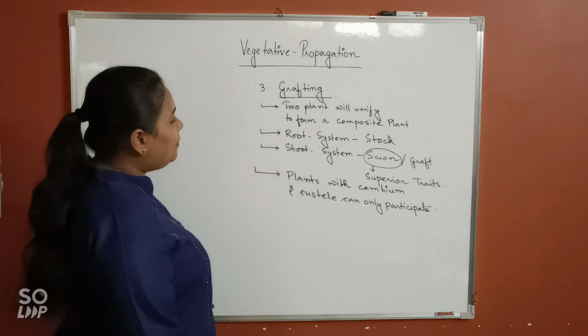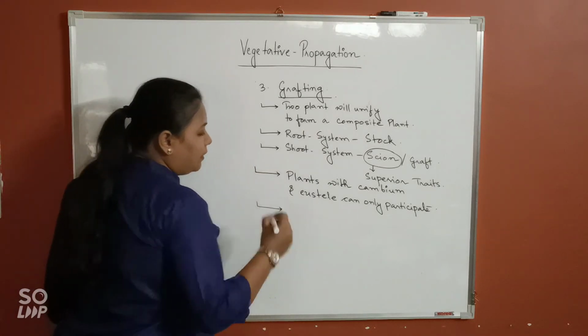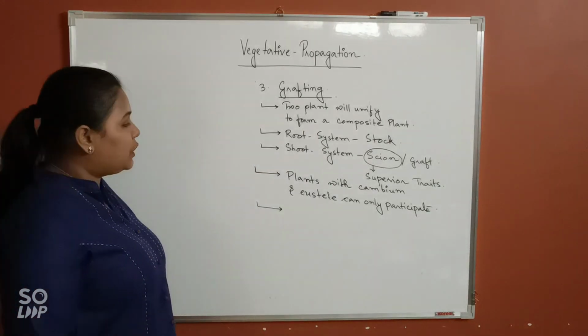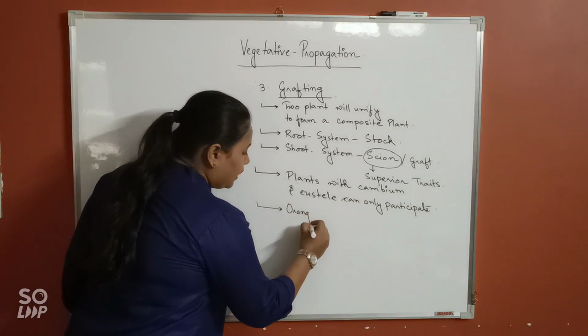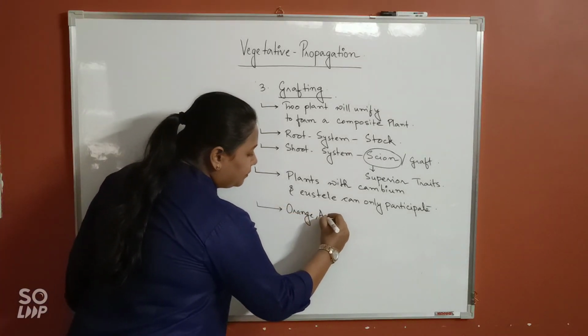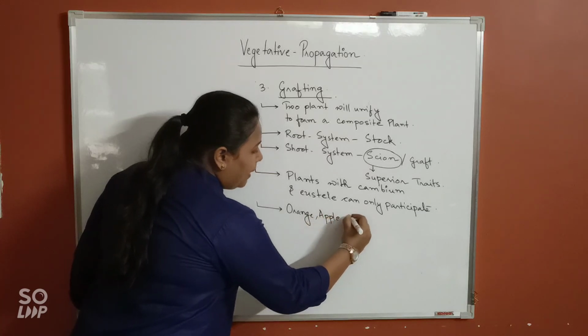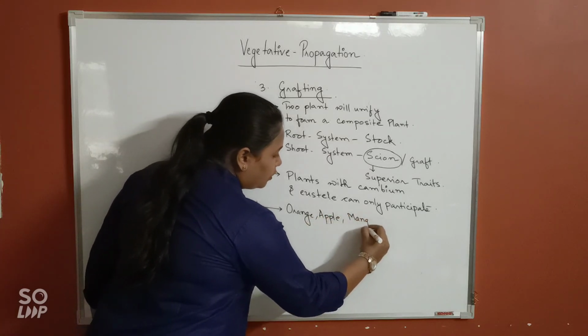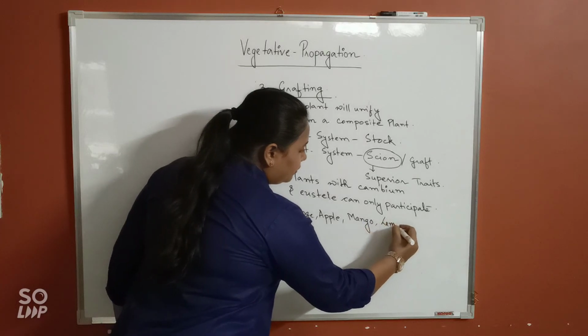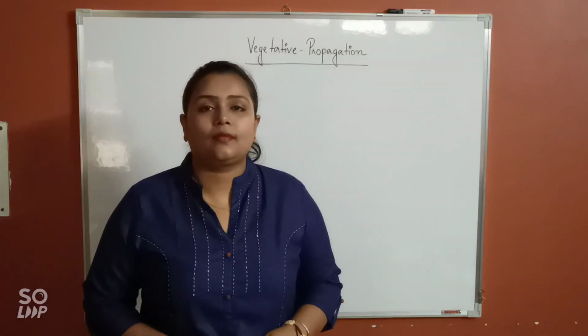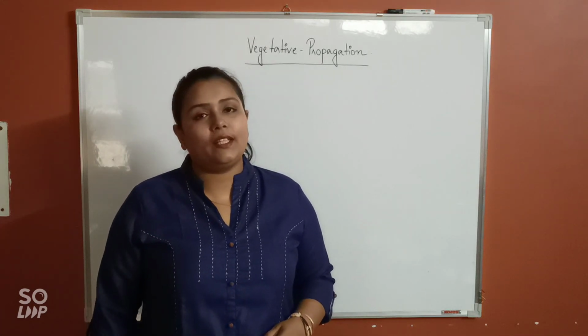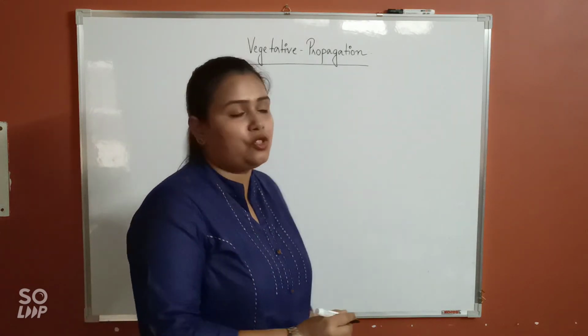Alright. So this can be done successfully in plants like orange, apple, mango, lemon, etc. So after grafting, now let's start with micropropagation.